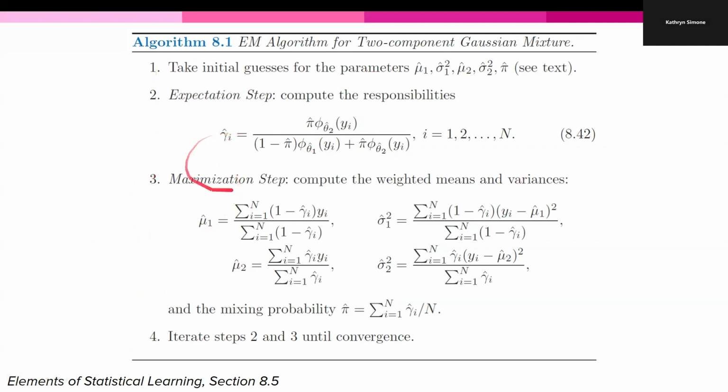After computing these responsibilities, we then move on to the maximization step where we update the parameters to maximize the likelihood of the observed data. This step involves the weighted estimates, just like we showed earlier, where each point's contribution to the mean and variance depends on its responsibility for a given mode.